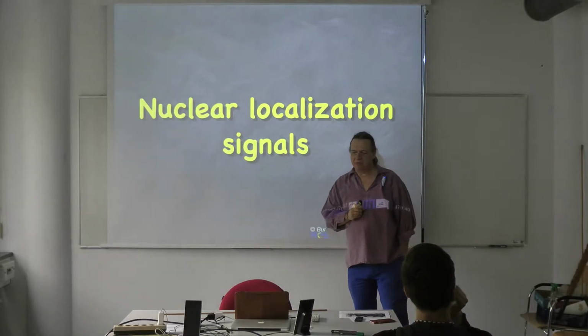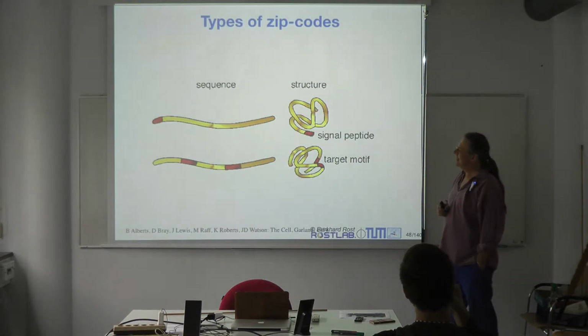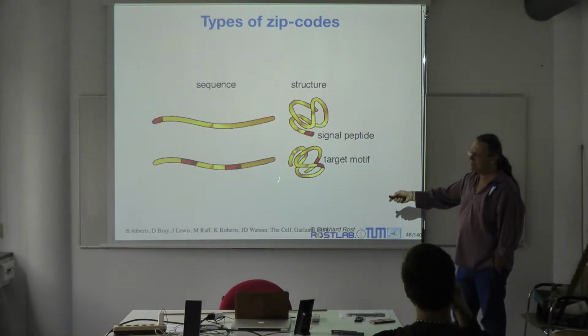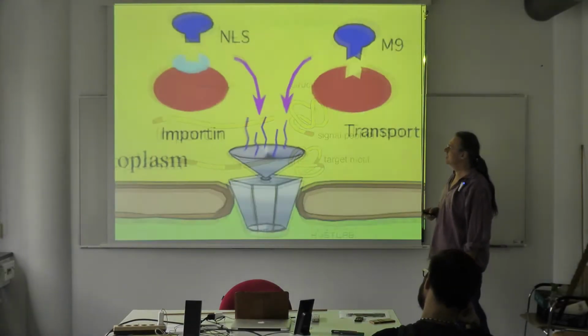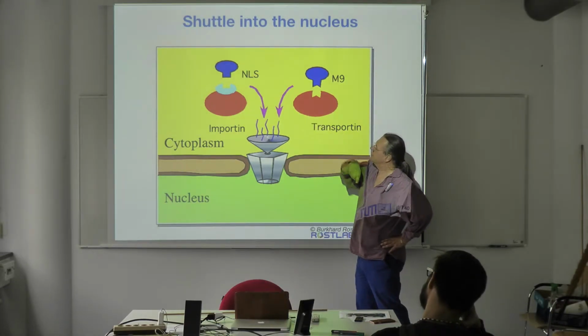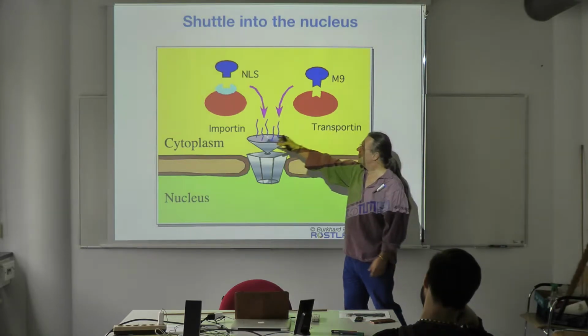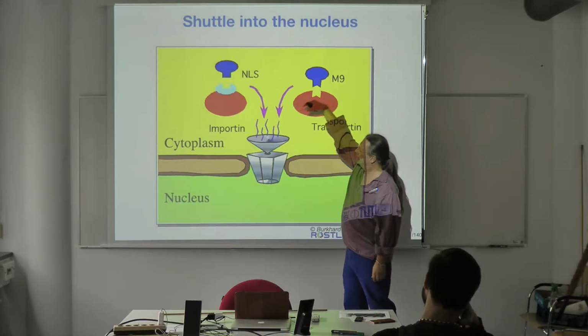Now here's a different type of motif, the so-called nuclear localization motif. The issue here is the following. The nuclear localization motif, often abbreviated NLS, is recognized by proteins such as transportins or importins.